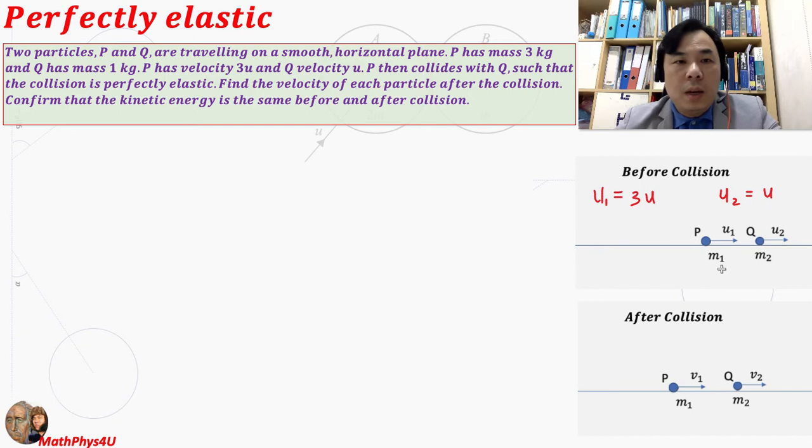The mass of P is 3 kg. The mass of Q is 1 kg. Again, we are going to find out the velocity after the impact itself.